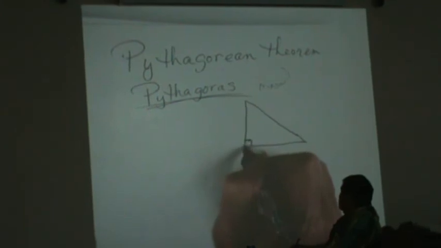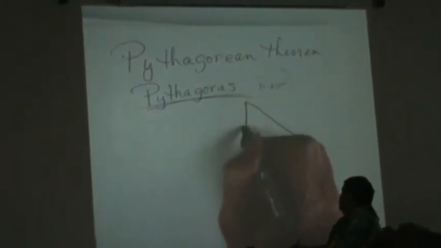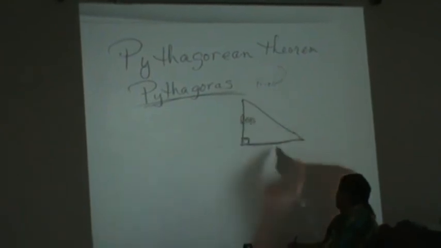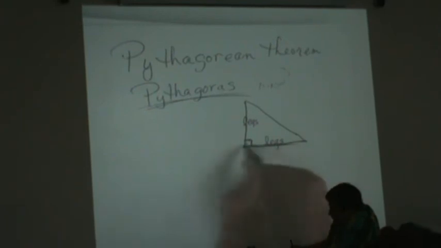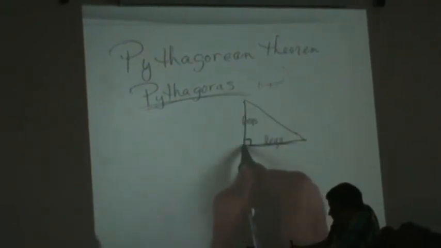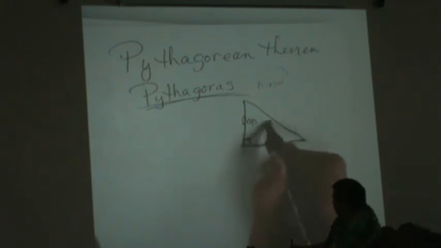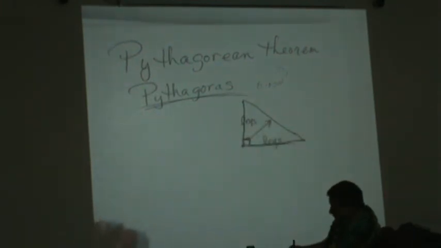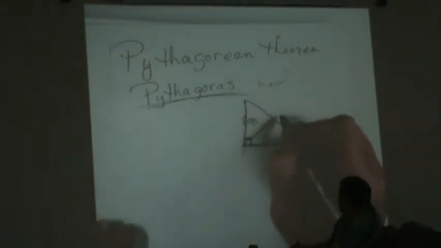The two sides that make up your right angle are called legs. Okay? Looks like somebody's sitting there and their legs are spread out. Here's your right angle. Across from your right angle, do you know what that's called?